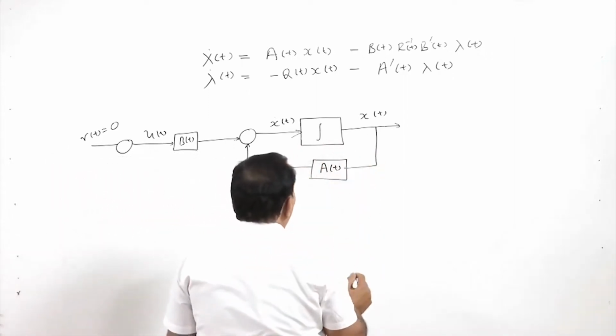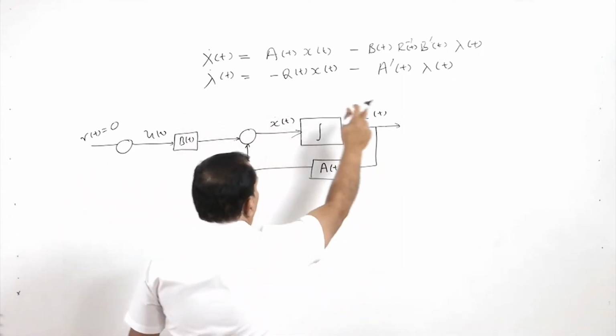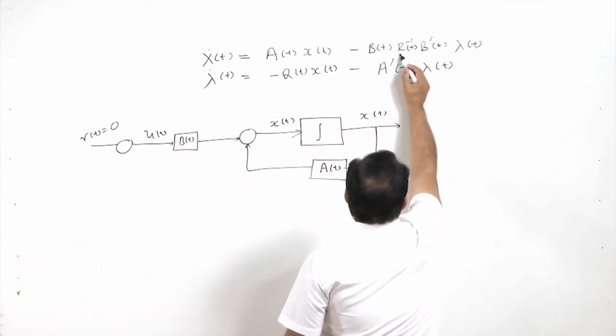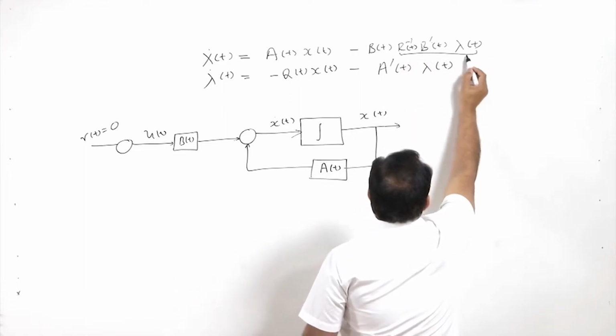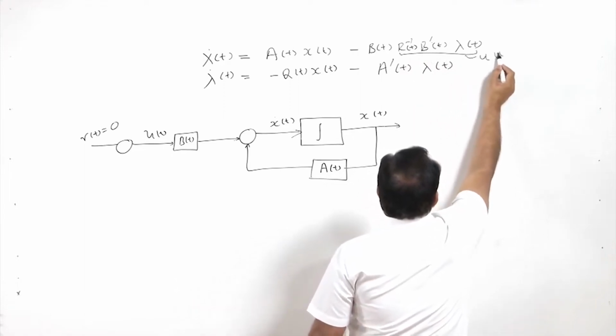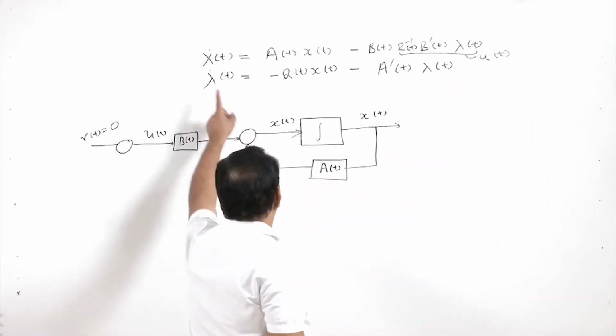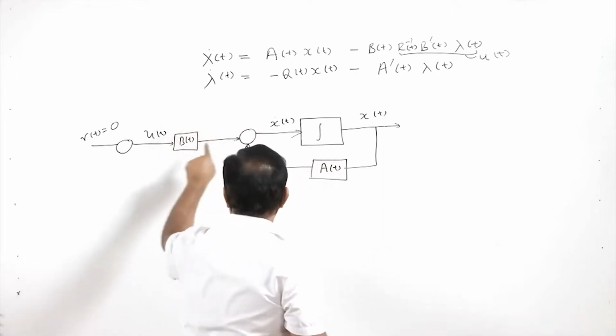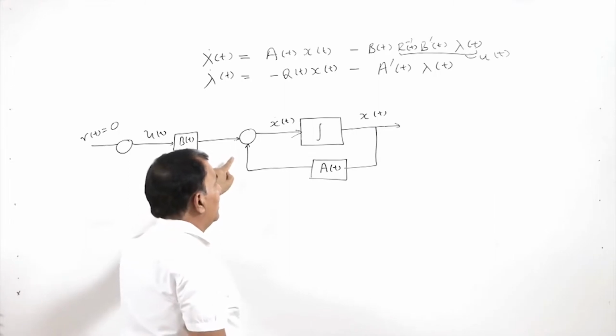This is my state equation, because R inverse B prime lambda is nothing but my U t. So I am writing the first equation as x dot t equal to A t x t plus B t u t.